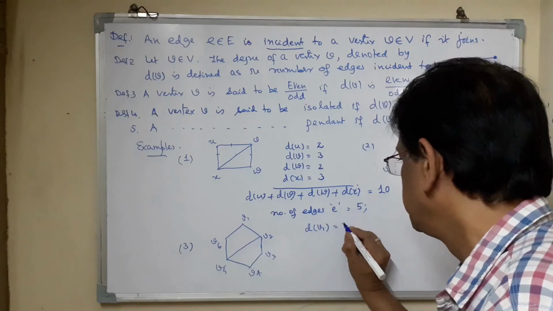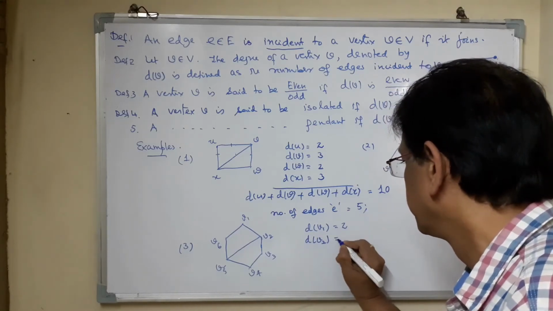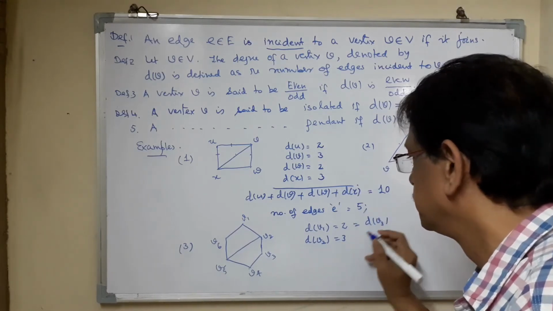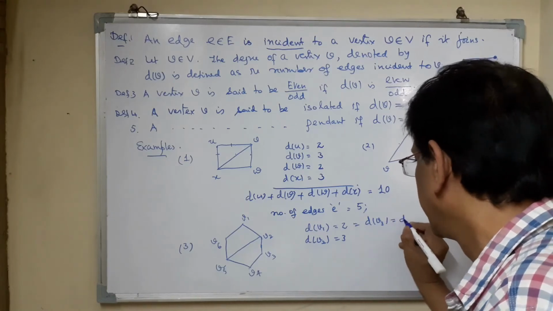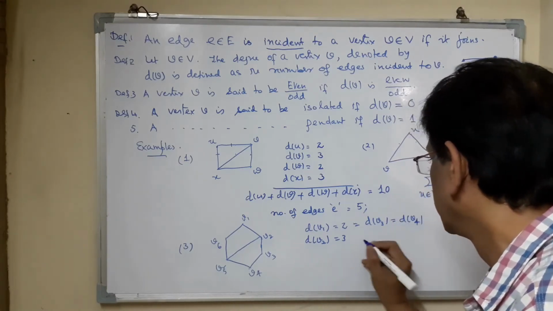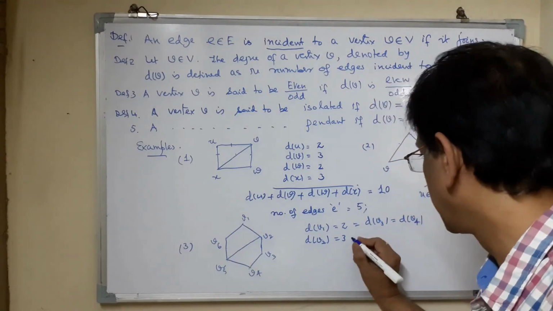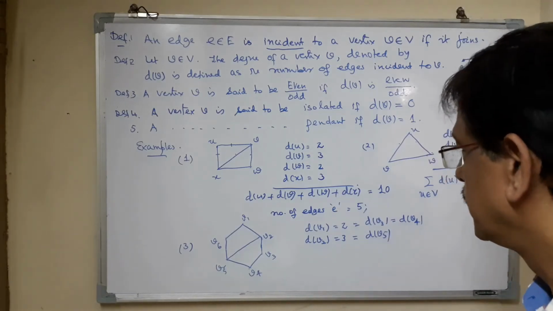There are 2. Degree of V2 is 3. And degree of V3, 2. Degree of V4 is again 2. What about degree of V5? 1, 2 and 3. There are 3. So what is V6?